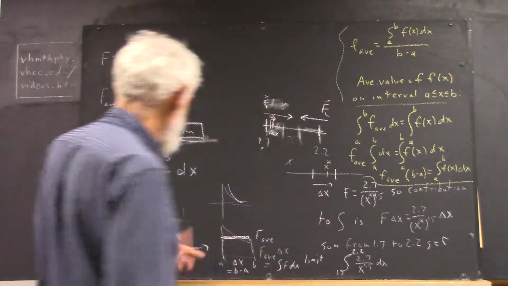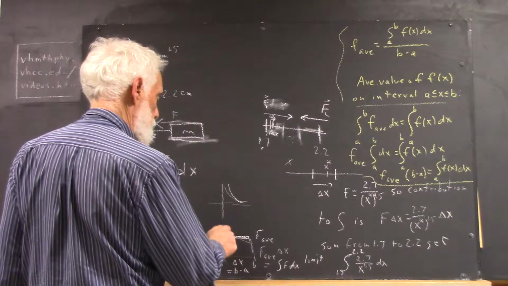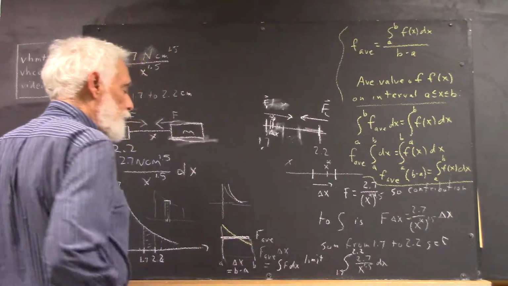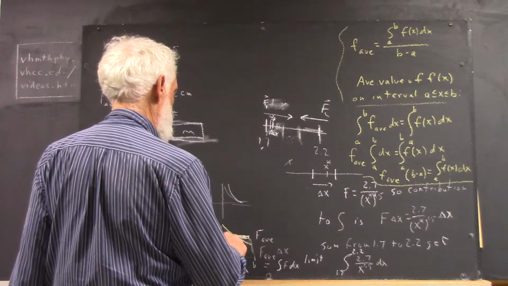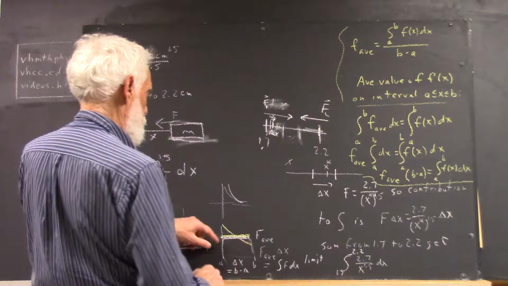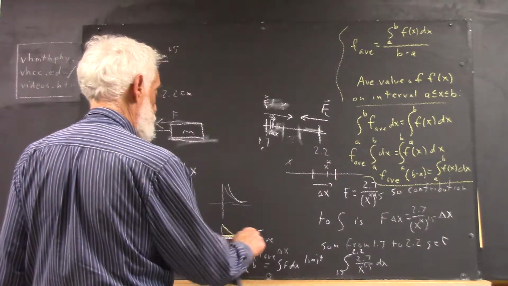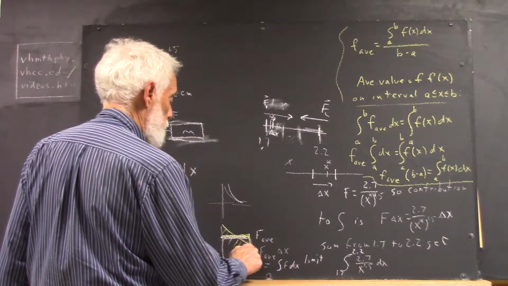And there's a picture here that depicts the situation. If this is the interval from a to b, and here's your graph of the function, then f average is the value, the y value if you will, for which the area of this rectangle equals the area under this curve.